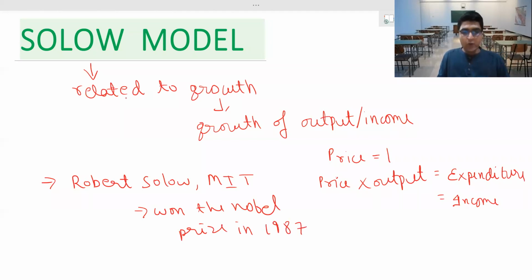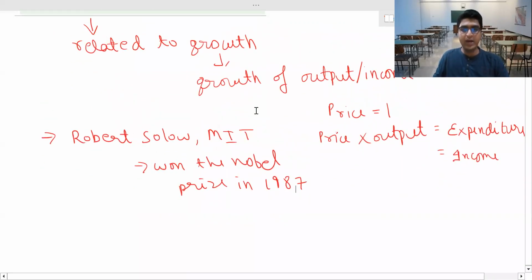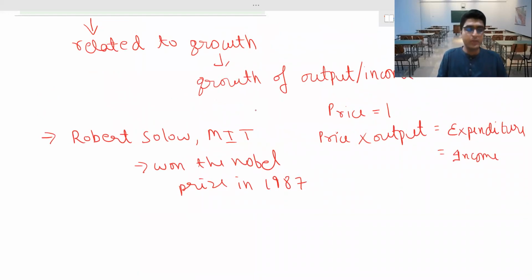Okay, so from now on, you are expected to know all these details as well because of the CUET exam. They can ask these types of questions, like who gave which model, and when did someone win the Nobel Prize? So you are expected to know this. Robert Solow gave this model, and Robert Solow is actually a neoclassical economist.